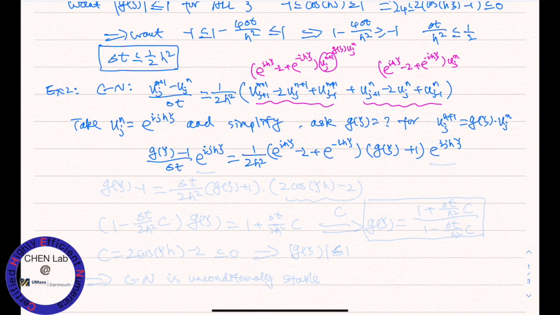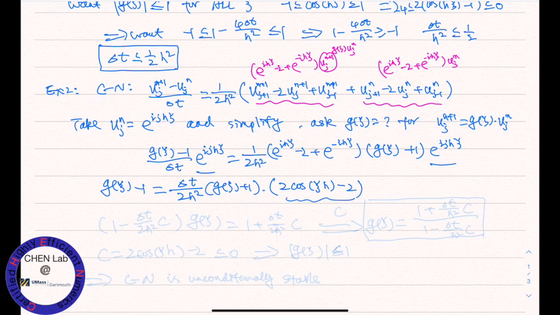How do we solve for G(ξ)? We can just simplify this equation and get rid of this guy. So we have G(ξ) minus 1 is equal to, multiplying delta t on both sides, delta t over 2h squared times G(ξ) plus 1, times the same thing as for Euler, 2 cos(ξh) minus 2.